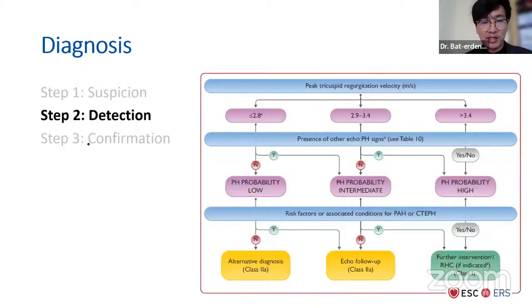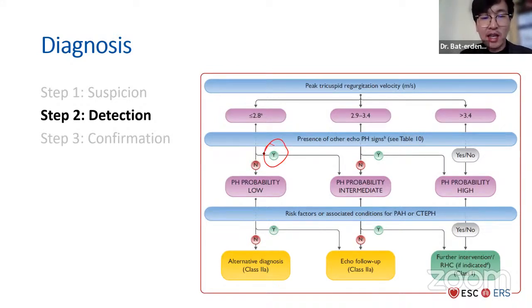For detection, we use echocardiography. On echocardiography, there is also a simple probability algorithm for pulmonary hypertension. If the tricuspid regurgitation peak velocity is under 2.8, that is low probability.